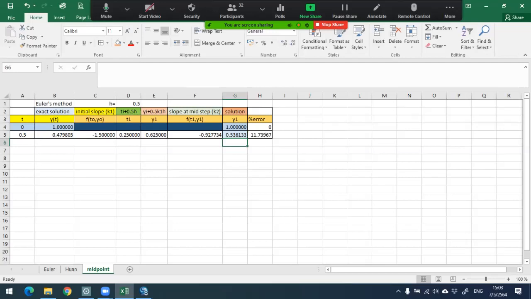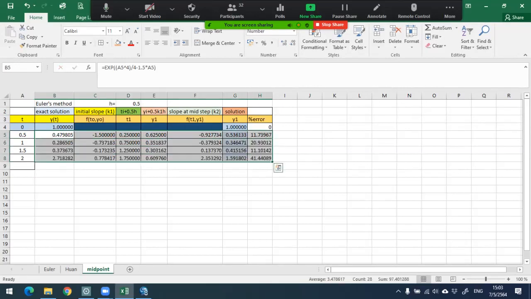Then we get a solution like this. We do the same thing for time equal to 1, and until time equal to 2. Okay, we will obtain the solution like this.